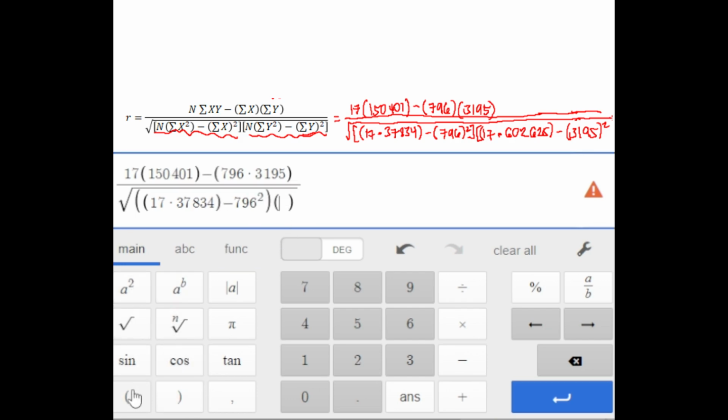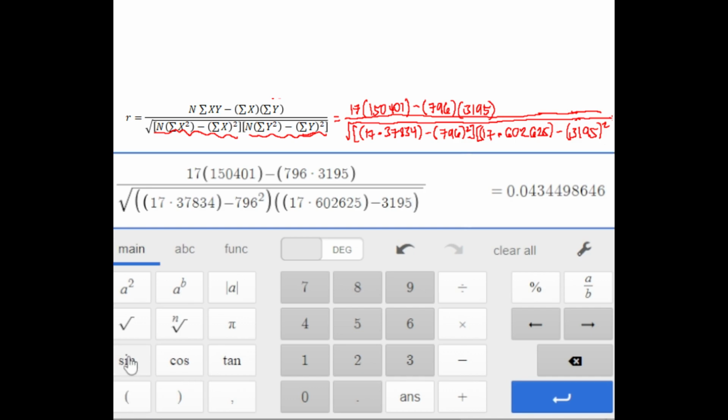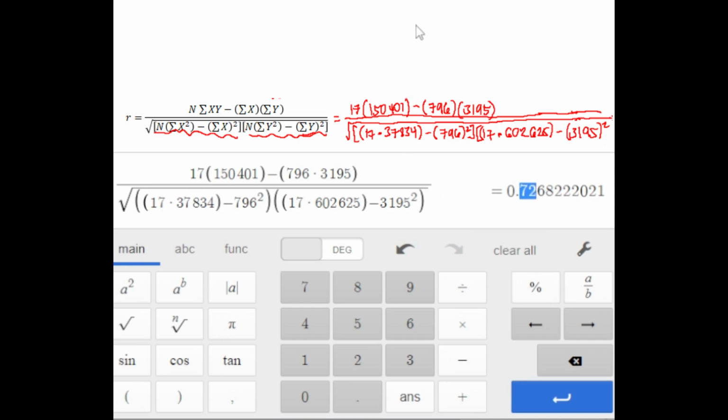Okay, next, sa kabila naman. 17 times 602,625. Okay, ma-minus po natin ito sa square ng 3,195. Okay, ang sagot nito ay 0.72682222021. So, since dalawa lang po yung decimal, round off po natin siya, magiging 0.73.